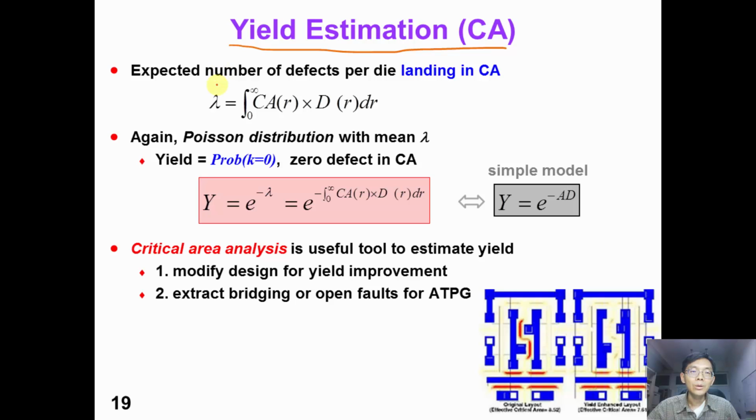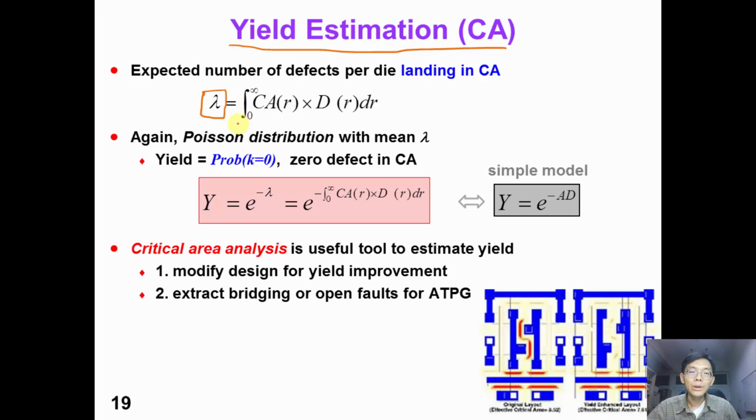Again, we assume the number of defects follows the Poisson distribution with mean lambda, where lambda is the expected number of defects per die landing in the critical area.